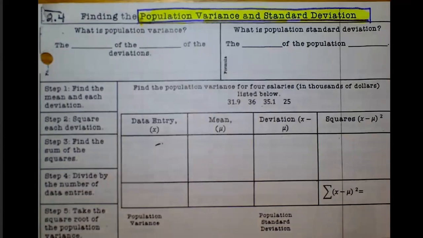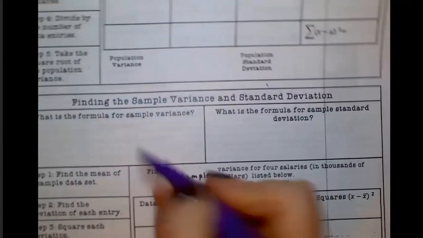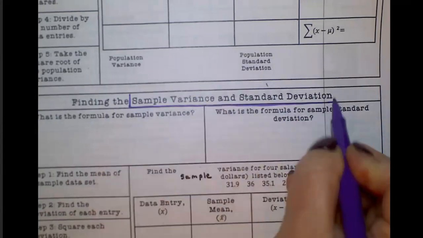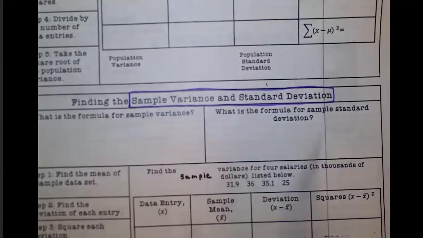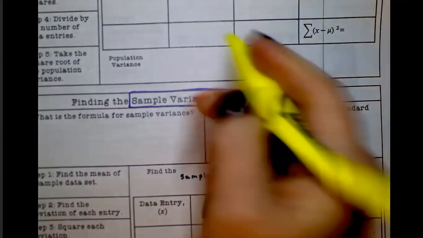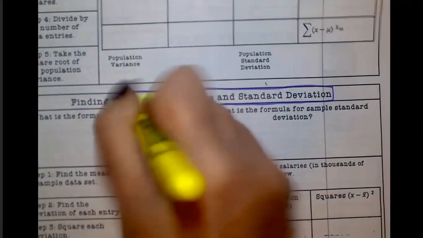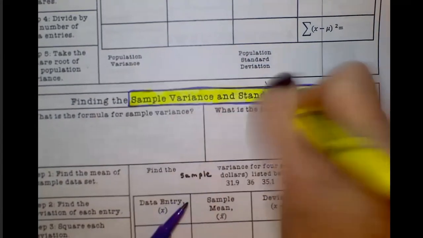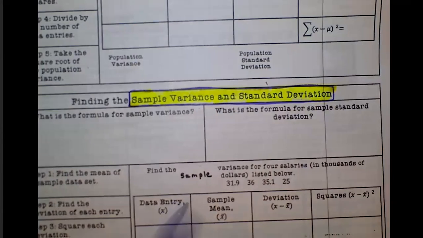The reason I highlight that is we tend to overlook what it's saying here, because the bottom part deals with sample. So there are going to be different problems that say sample, and some of them are going to tell you population. And depending on what that is determines what formula you use. So you have to pay attention to the words sample and population, okay?